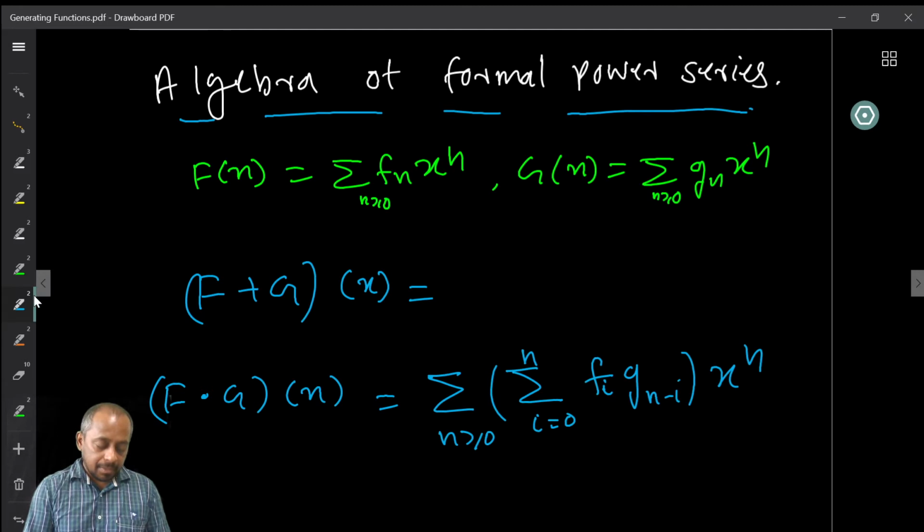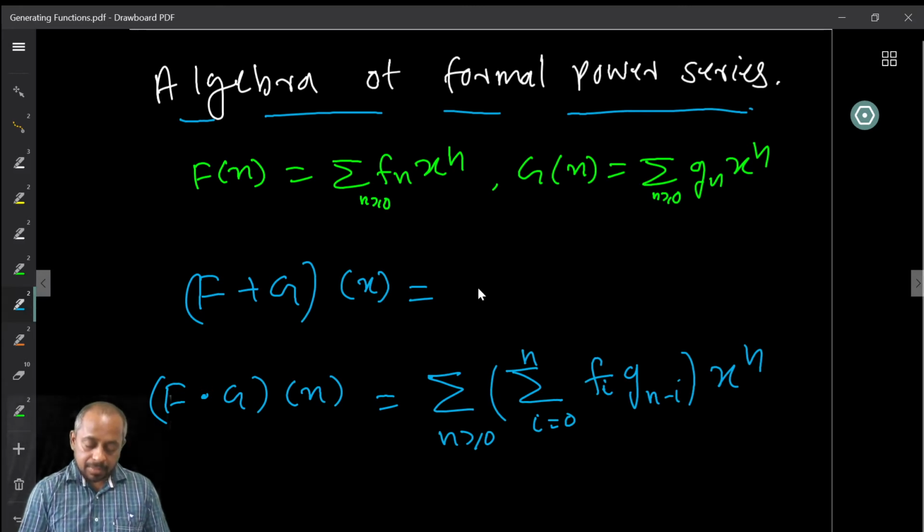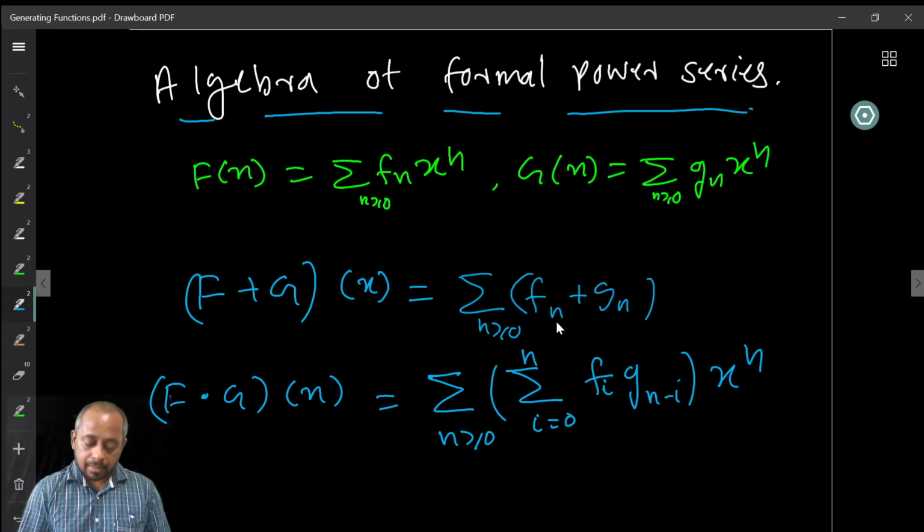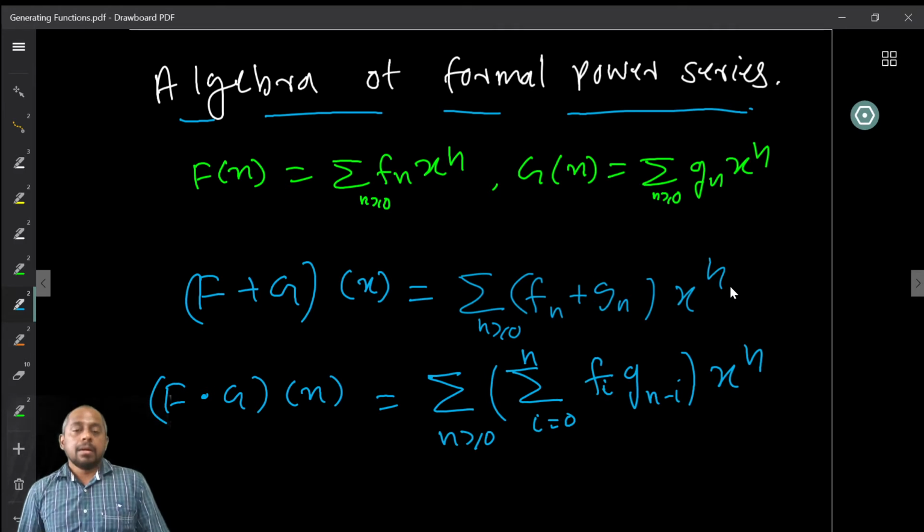So we define it to be compatible. So f plus g of x is summation n greater than or equal to 0 of fn plus gn, x raised to n, where f of x is summation fn x raised to n, and g of x is summation gn x raised to n.